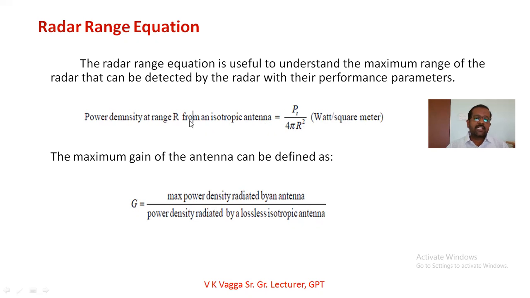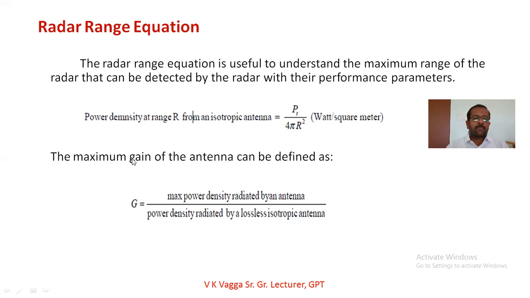This indicates the density of the power of the isotropic antenna. Isotropic antenna means the signal is radiated in all directions. The power of the signal in all directions is given by the equation PT divided by 4 pi R square. R is the range, PT is the transmitted power.